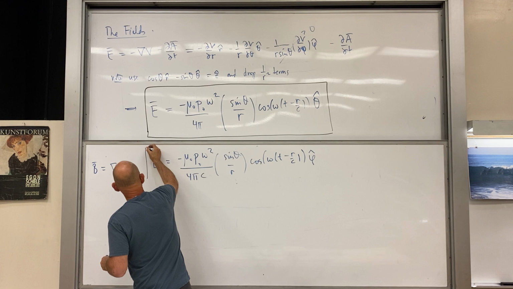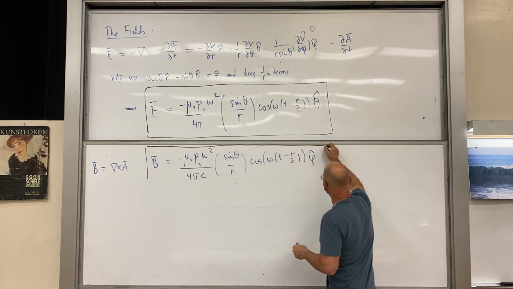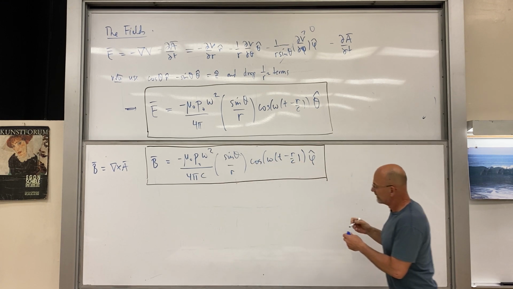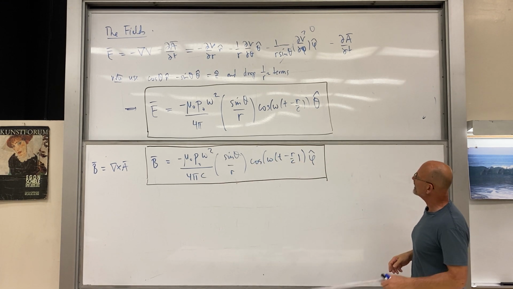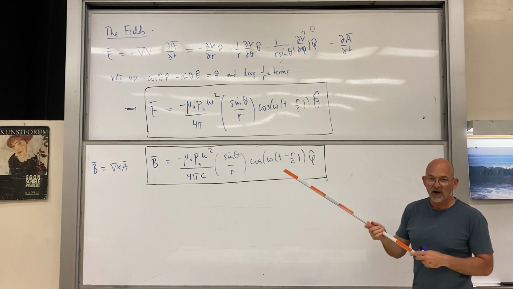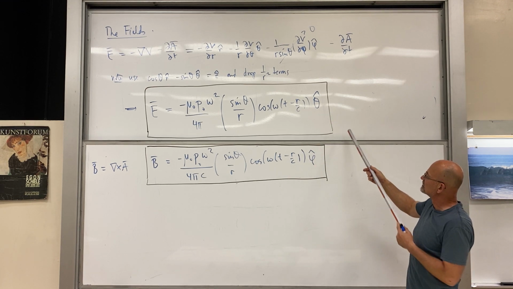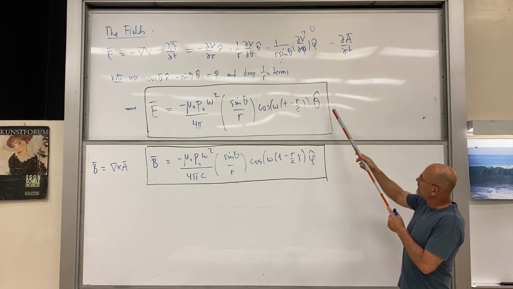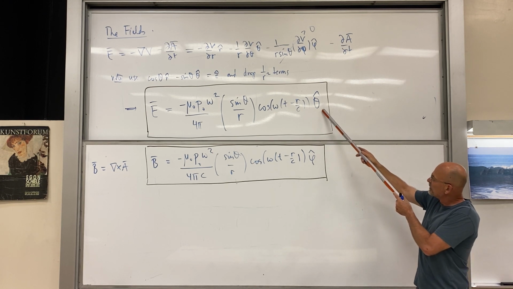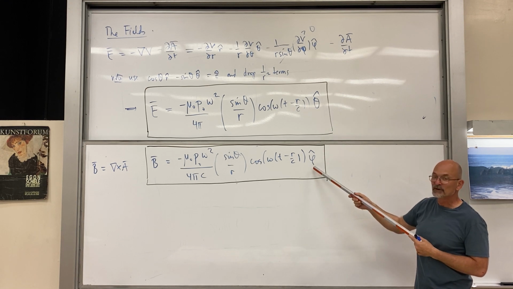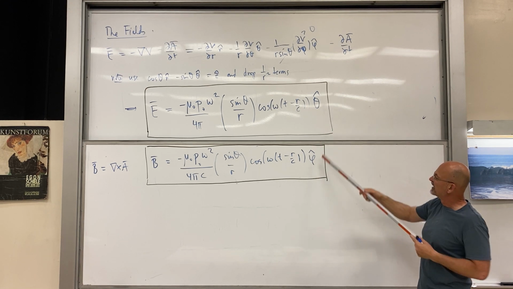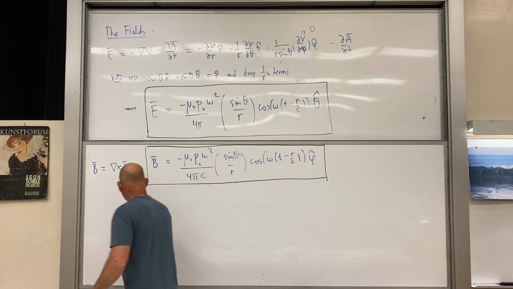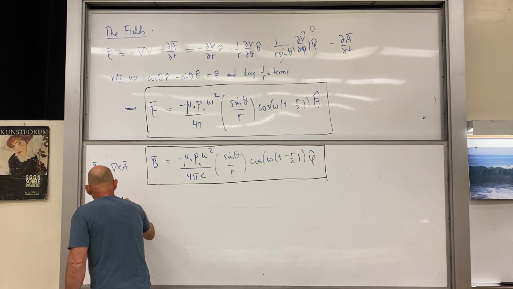We have these fields at a great distance away, the radiation fields. Maybe we'll draw a little picture of our scenario again. But you'll notice E and B, as had to be the case, are perpendicular to each other because we've got a theta hat and a phi hat. In fact, let's go ahead and draw what was going on here, right?